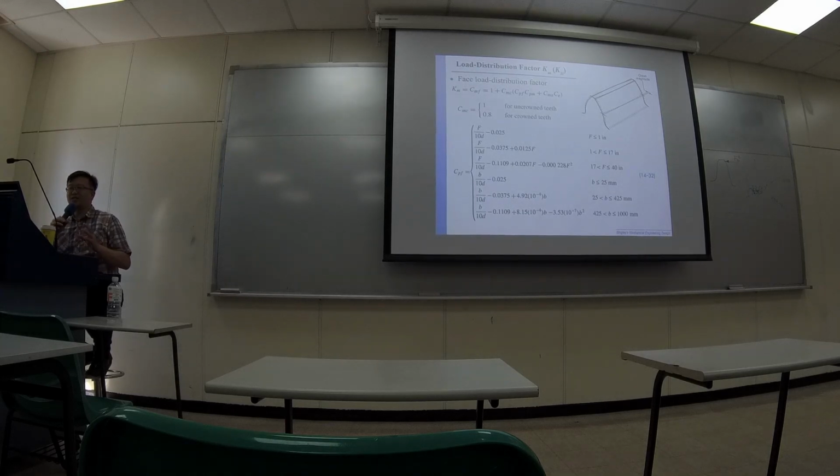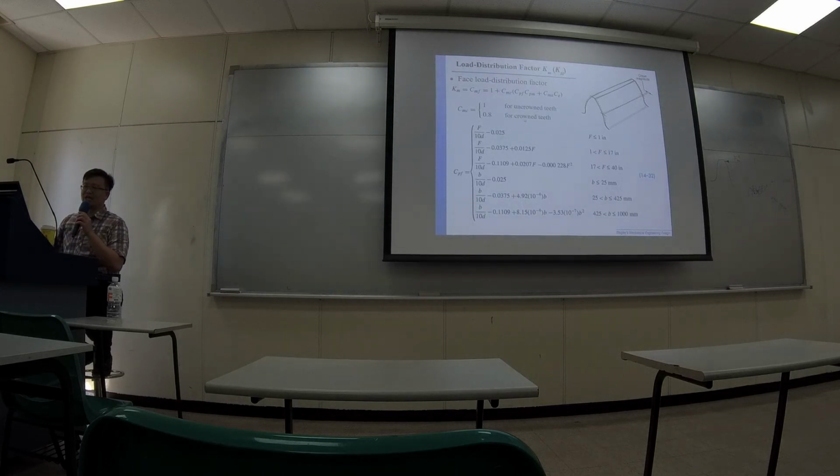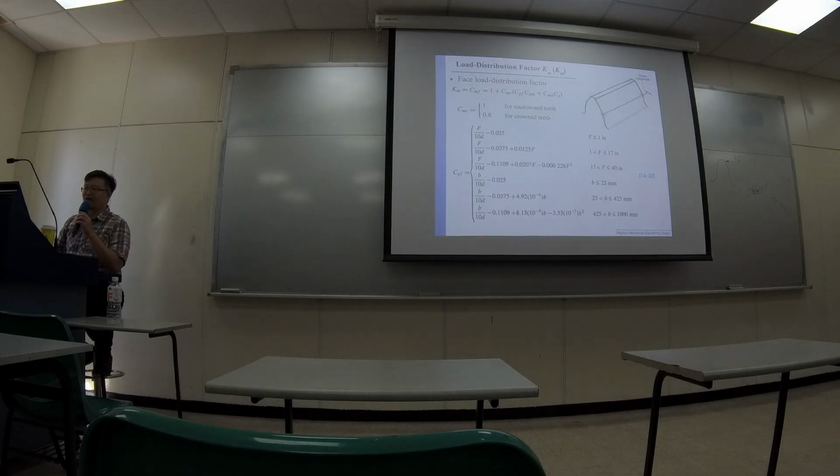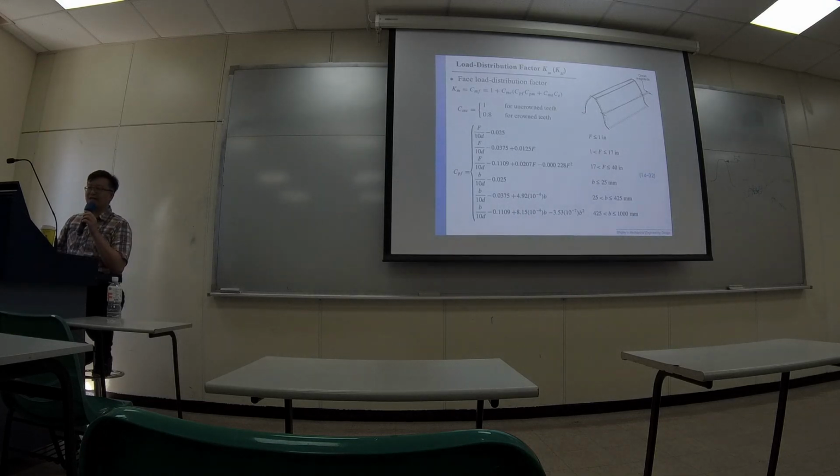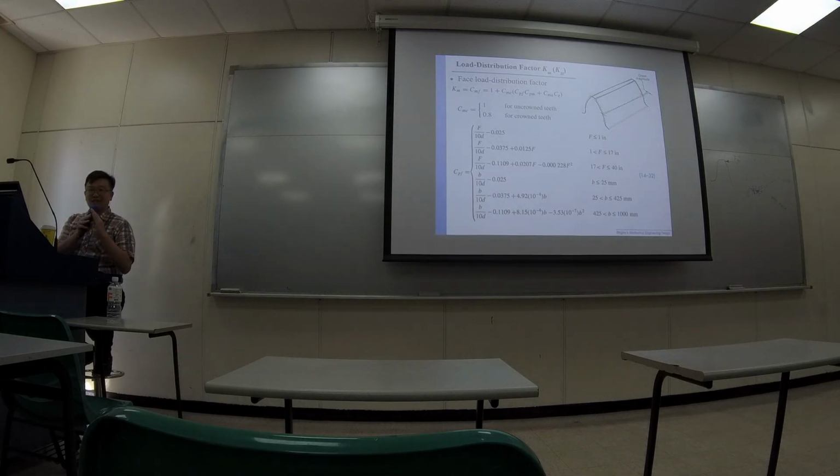For the teeth, sometimes we say the teeth look like a crown. If you take a look at the picture in the upper right corner, the dashed profile is the original profile, but they make the teeth profile a little bit rounded.